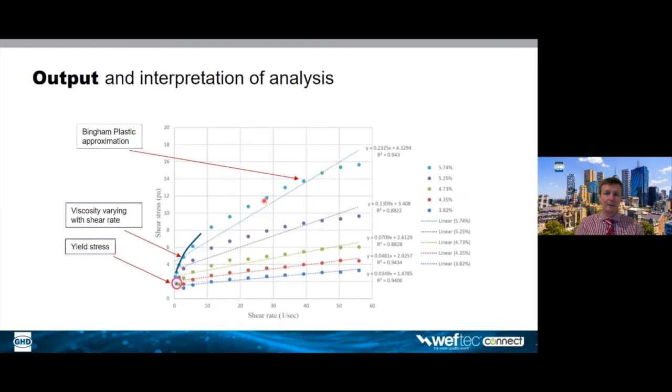The trend lines here show the Bingham plastic fit for each of the runs. However, it can be seen here quite clearly that as the shear rate drops, there's a curvature to the data, particularly observable in the higher solids concentration sets of results.